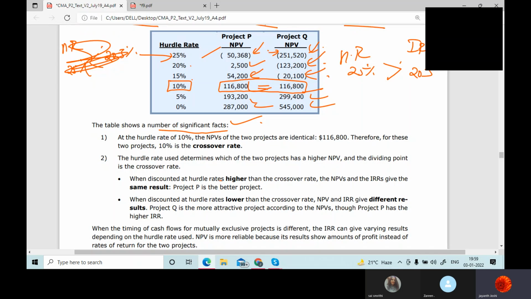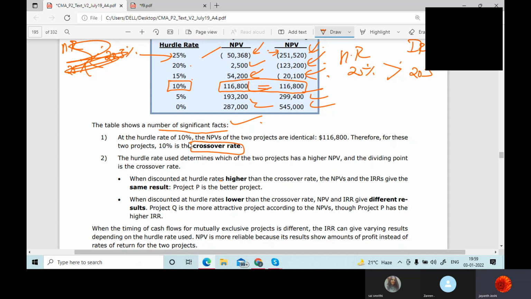And that is called what rate? Crossover rate.